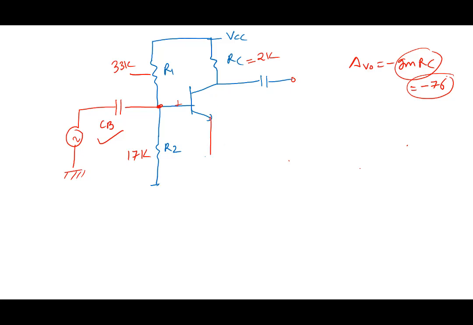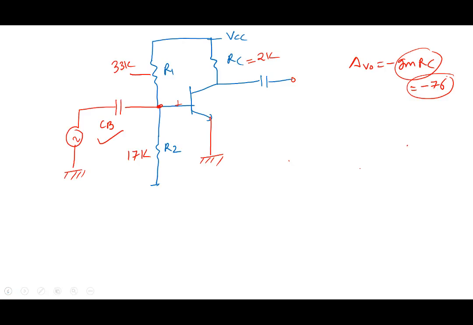What is the problem with this circuit? IC is not fixed. It defeats the whole purpose of biasing, right? The whole purpose of biasing was to generate a voltage here and then across RE, so it destroys the whole biasing. But otherwise also, what will it do?